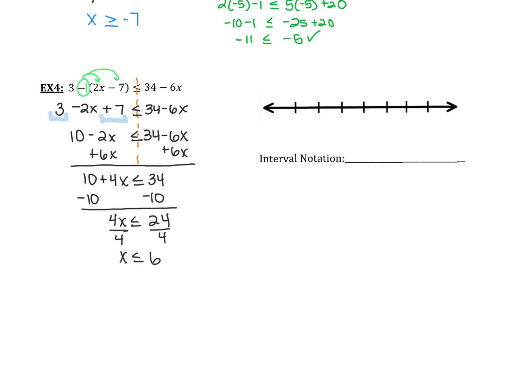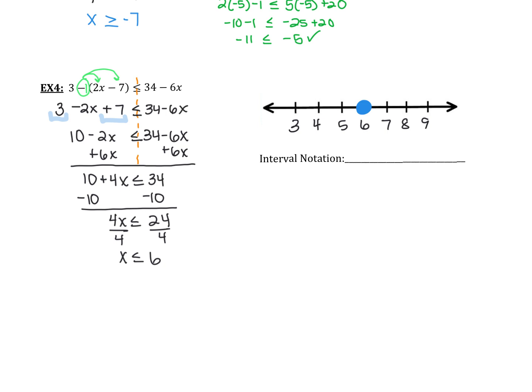Okay, so there's my inequality notation. And now I'm going to put 6 on my number line and get ready to graph. Will I have an open or a closed dot, and why? Hopefully you said we're going to have a closed dot, and it's because it's equal to. Because we have an equal to, I'm going to have a closed dot at 6.